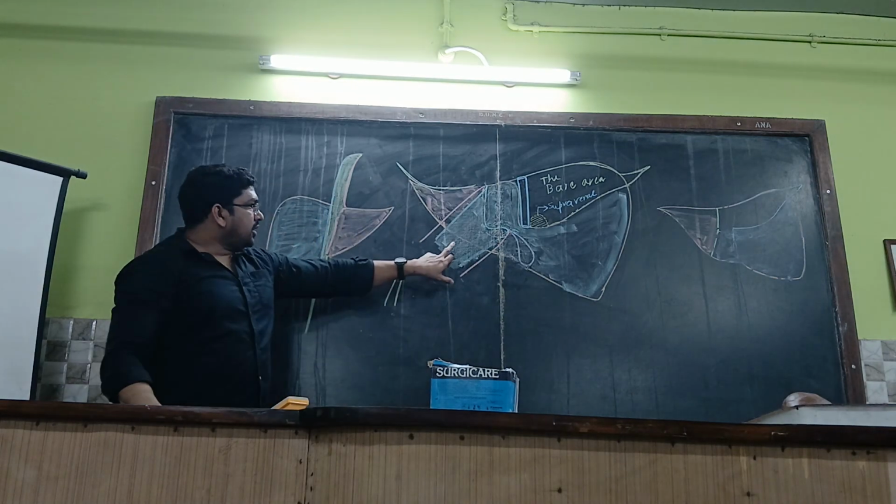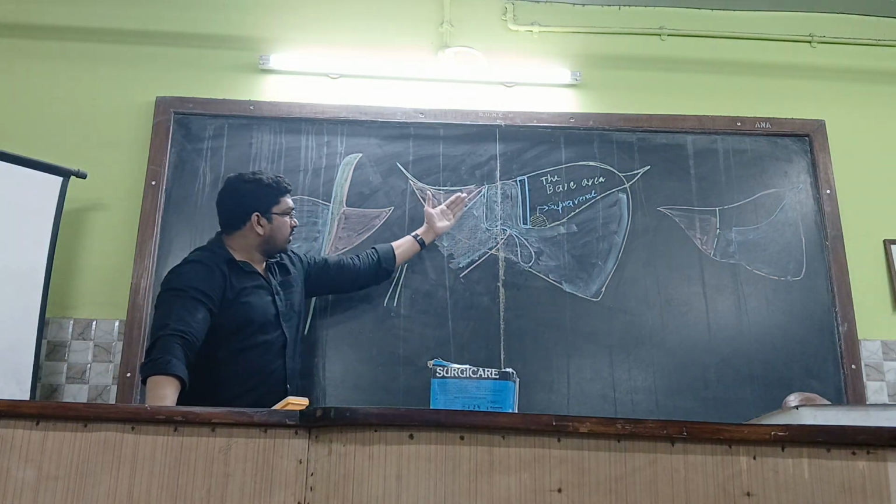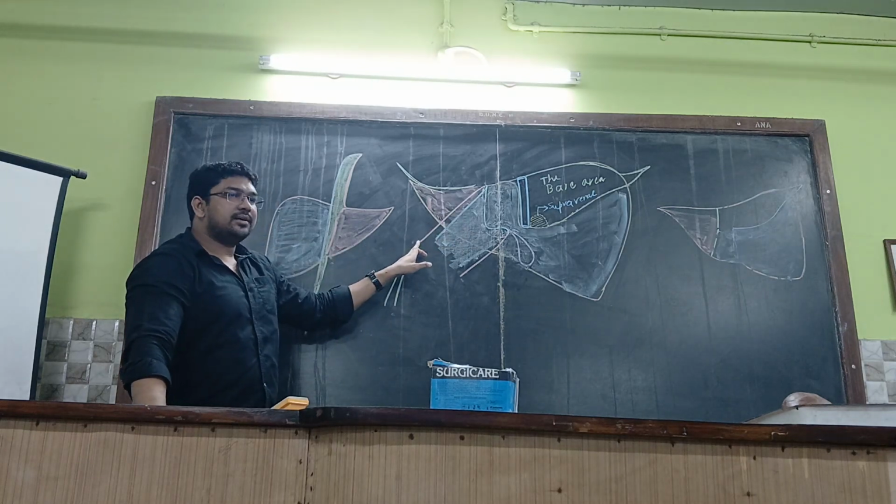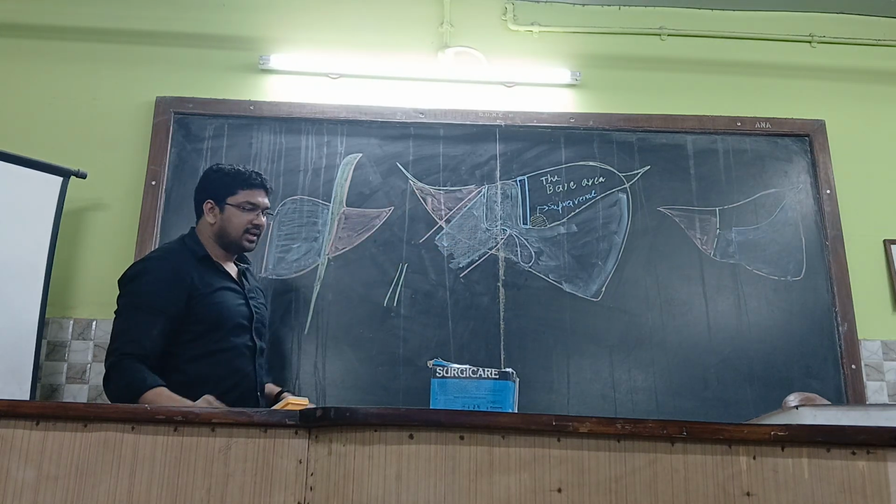Now the blue colored structure is nothing but the posterior layer of the lesser omentum, and the pink colored layer is the anterior layer of the lesser omentum. Okay, let us see now.